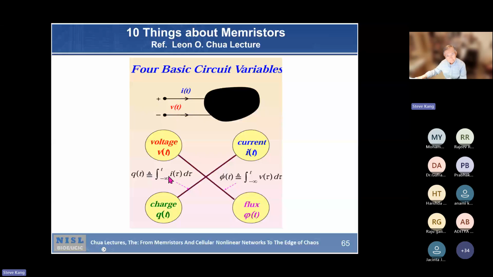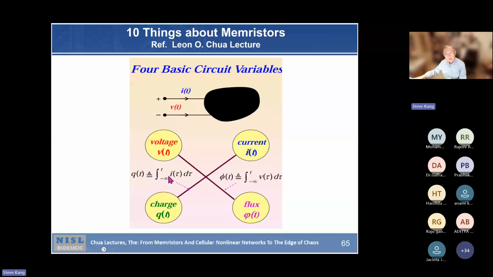The electric charge is a time integration of a current, from minus infinity to t, i(tau) d tau, that's q(t). Flux linkage is a time integration of voltage. φ(t) is equal to the integration from minus infinity to t of v(tau) d tau.